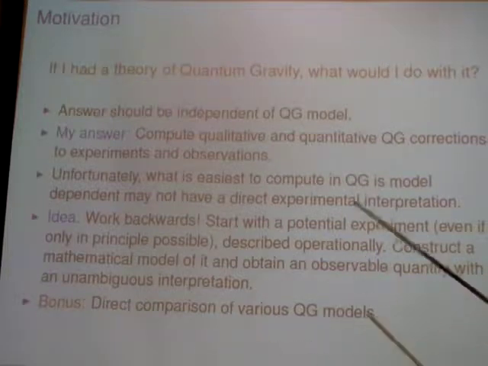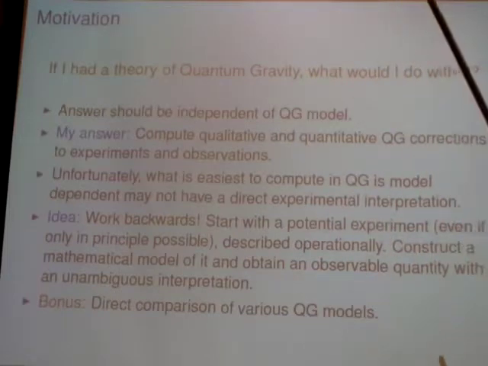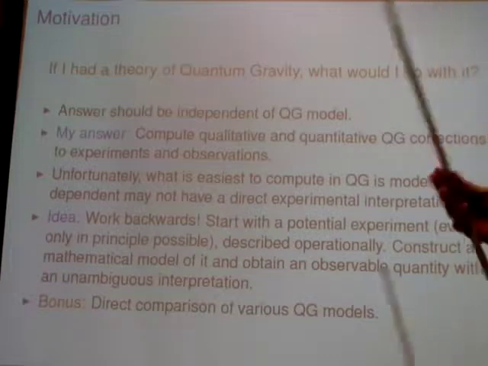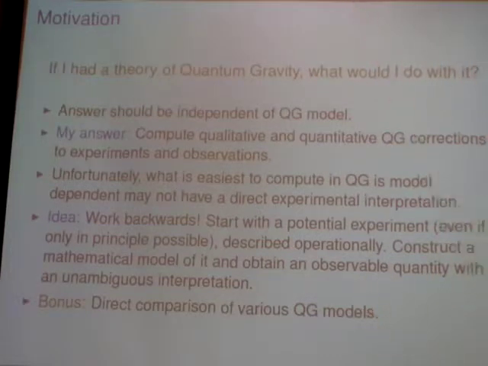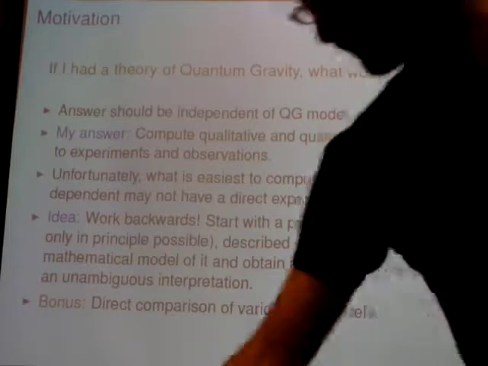Because often the mathematical structures of different theories are so different, they may be difficult to compare directly. But if you keep a fixed physical interpretation in mind, this makes the comparison easier. Okay, that's a bonus if you can actually get somewhere.